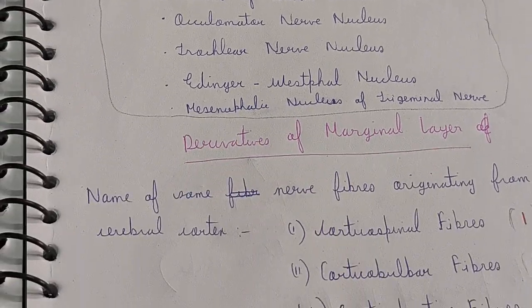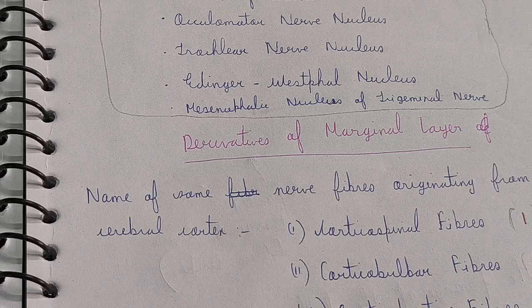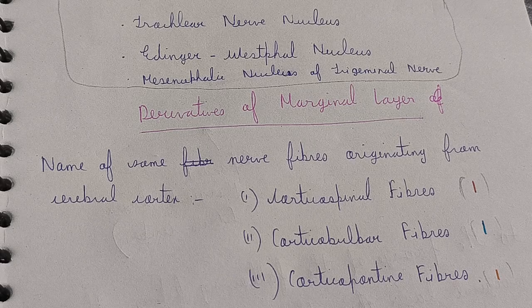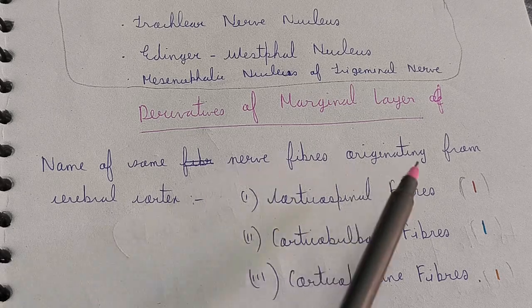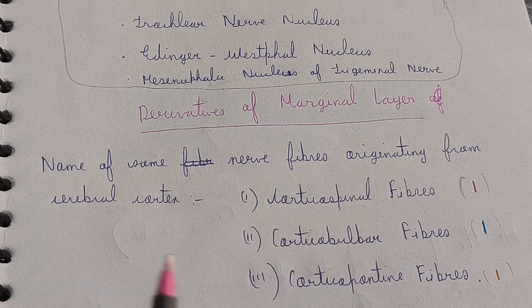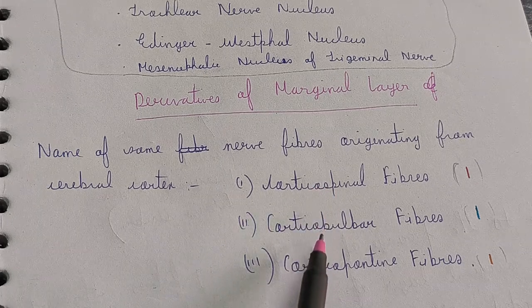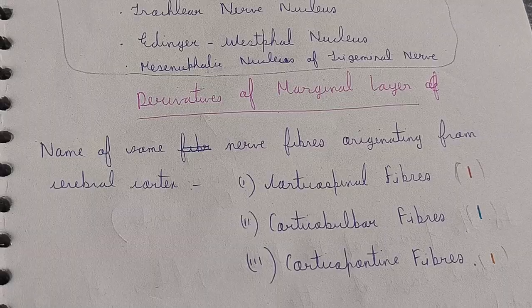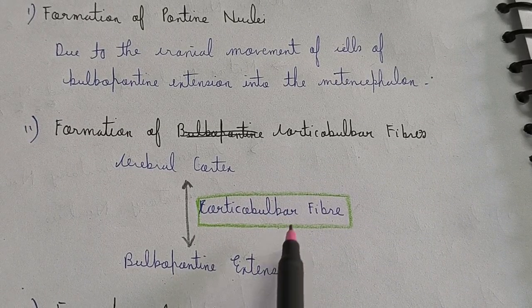Now I want to discuss the derivatives of the marginal layer. But before discussing the derivatives of the marginal layer of the mesencephalon, you should know the names of some fibers: corticospinal fibers, corticobulbar fibers, and corticopontine fibers.